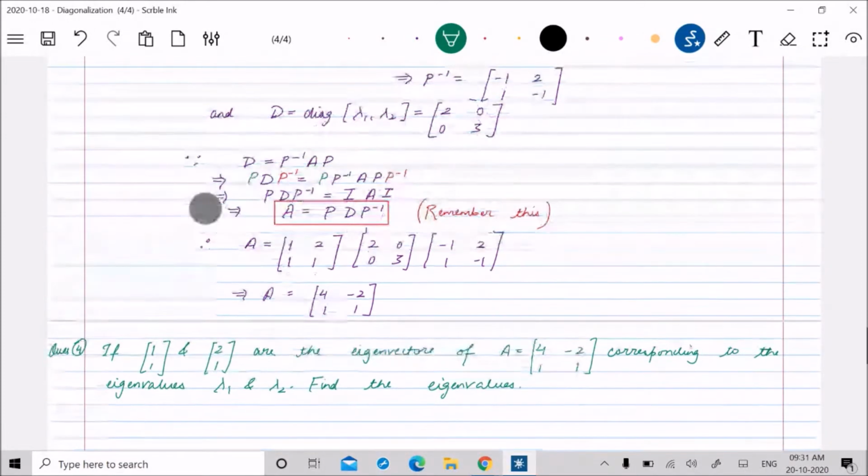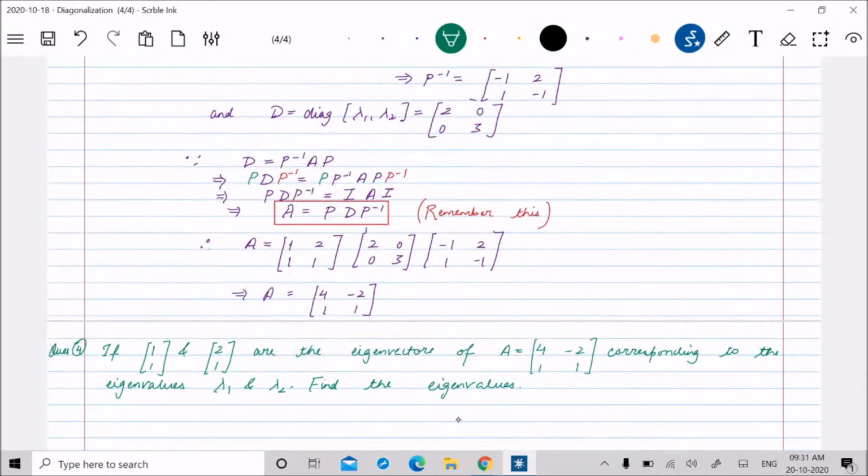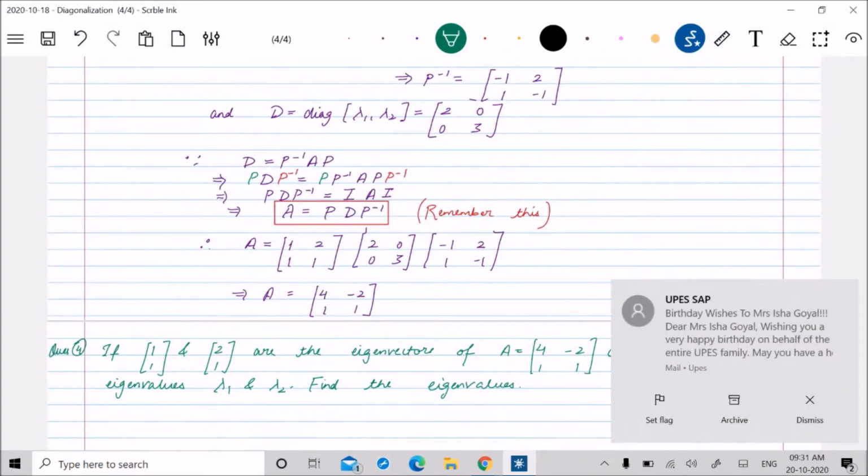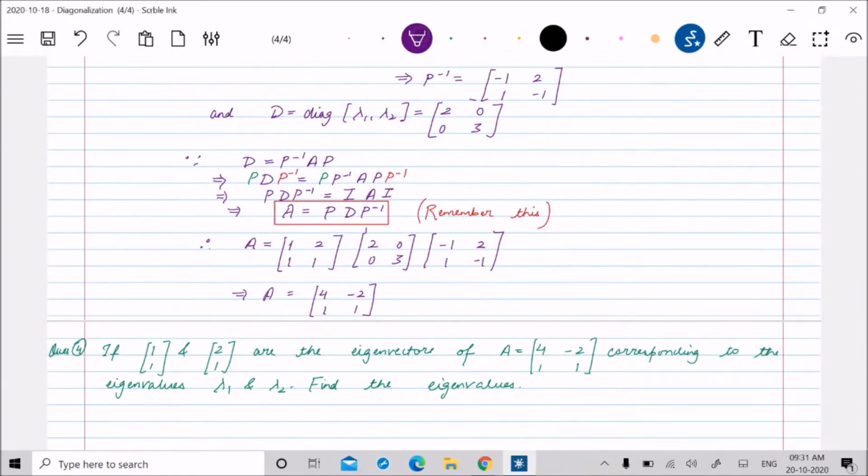This time the matrix is given, eigenvectors are given, but what is hidden? Hidden is the set of eigenvalues. You have to find eigenvalues. What are these eigenvalues, right? So again, the same question. Matrix is same. You can see that here. V1 is this one, 1 1, and V2 is 2 1, right?